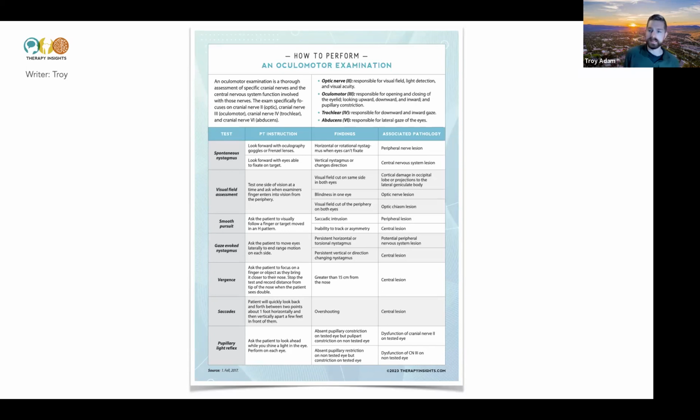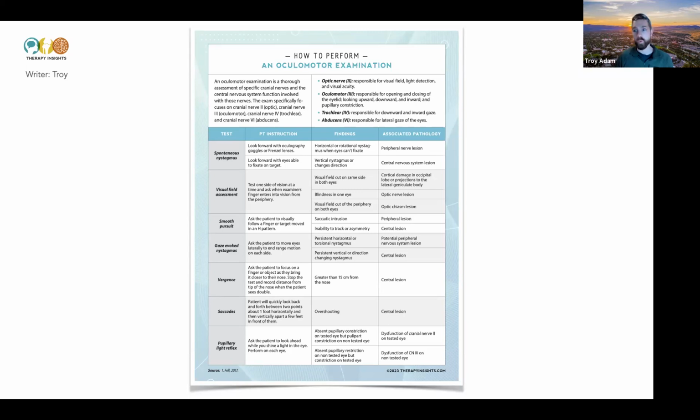Gaze-evoked nystagmus. This is one that I do think is not as well understood or not as done as frequently, but gaze-evoked nystagmus is you're going to have your patient or whoever you're testing move their eyes out to the edges of their vision. Now, I see a lot of students or other clinicians bring that point all the way out to the peripheries of their vision, and it's not uncommon to actually have some nystagmus at the very edge of your vision, even in a normal healthy person.